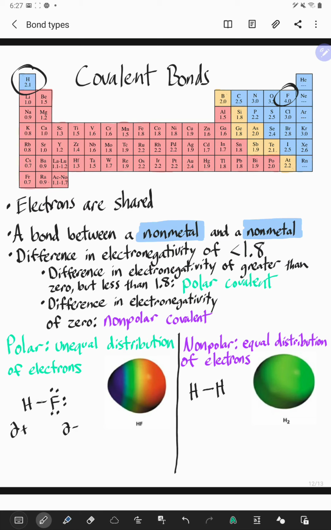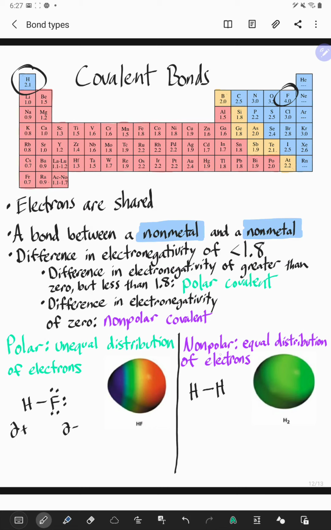So whatever element has the higher electronegativity value, the electrons are going to exist more on that side of the chemical bond, and that creates a partial negative charge on that side and a partial positive charge on the other side. And we call that a polar covalent bond.